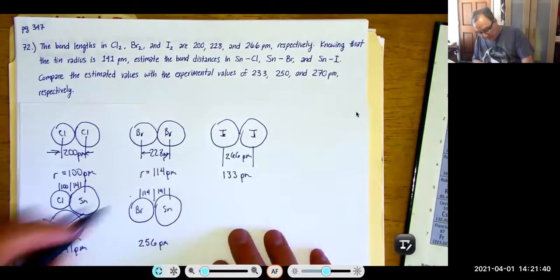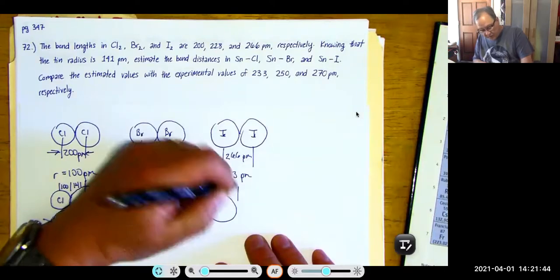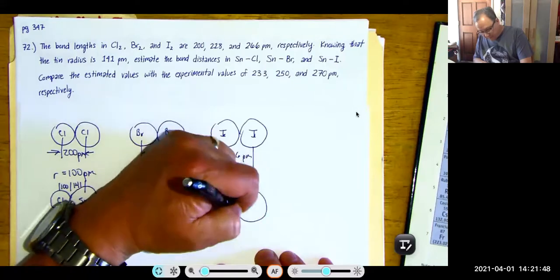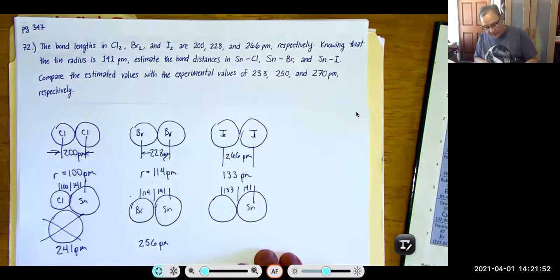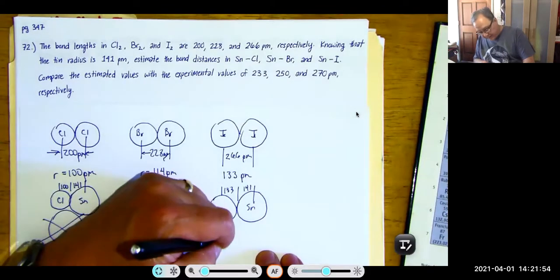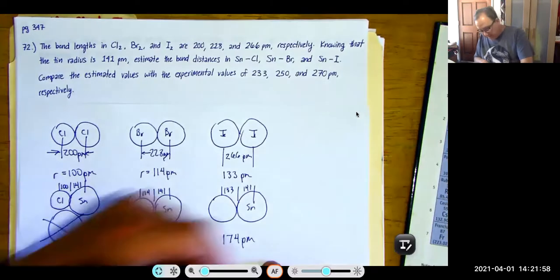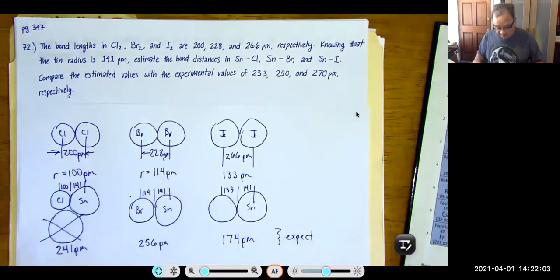And then lastly, we have our iodine, where this distance here is 133. And then we have our tin, where this distance here is 141. So when we add the two together, we get 174 picometers. So this is what we expect based on the given information.